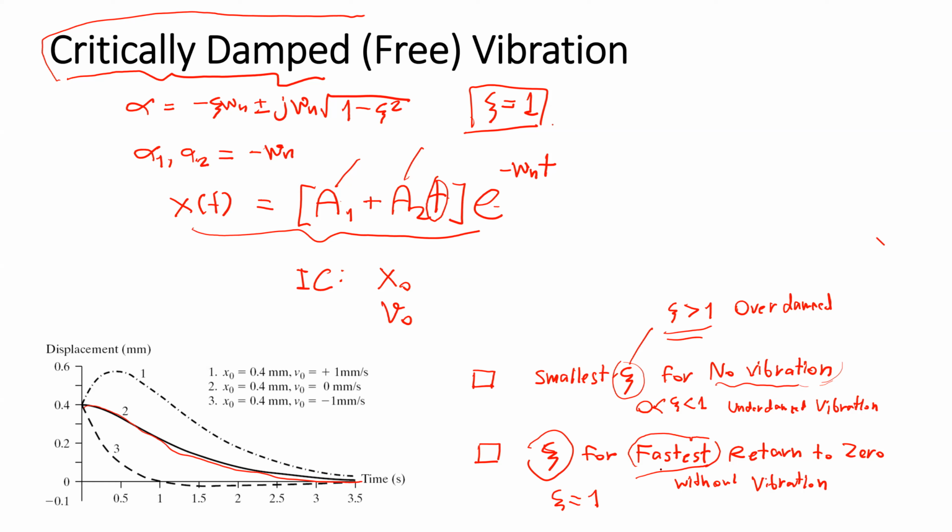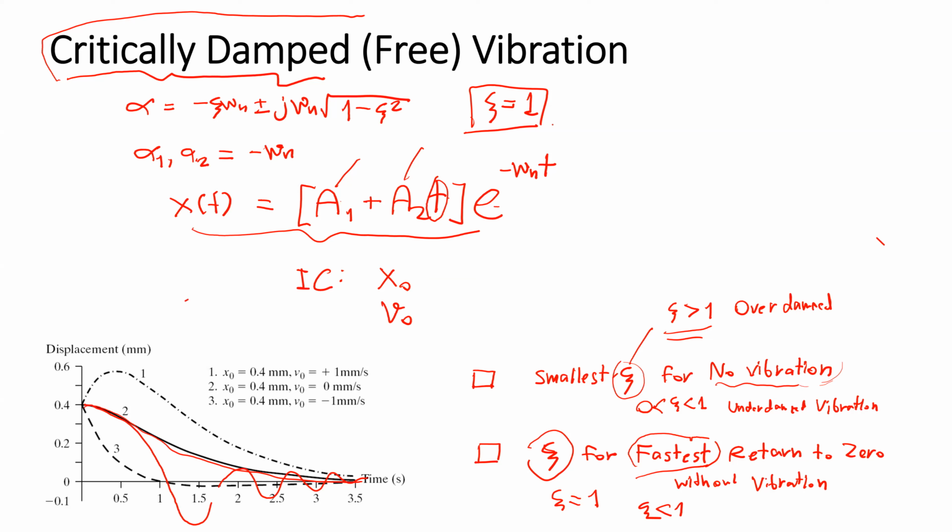But it may be slower than when the damping ratio is less than 1. But if the damping ratio is less than 1, although it goes faster, it's going to have vibration.